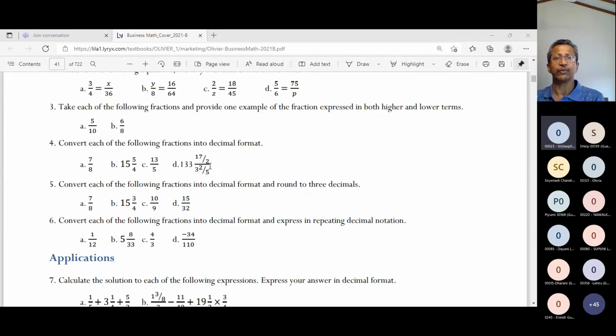Convert each of the following fractions into a decimal format. We said fractions are good, but the decimals are better because we can compare each other. Now what we are going to do is convert each of these 7 upon 8, 15 5 upon 4, 13 divided by 5, and this complex fraction to a decimal format. Okay. So we go to the board and do it.